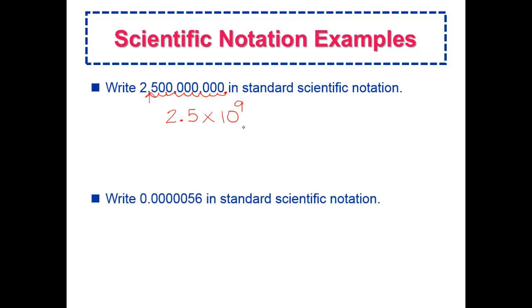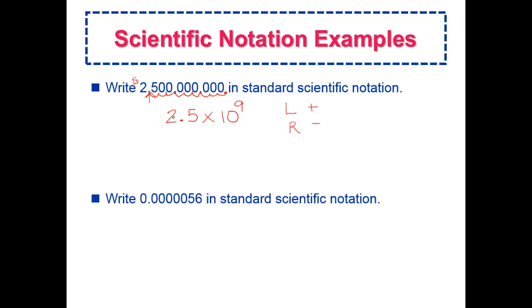Now, on the previous slide, I said that if I moved it to the left, it's going to be positive. If I move it to the right, it's going to be negative. The other thing I think of is in terms of money. Sometimes that helps me. I think, oh my gosh, if I had this in terms of money, that would be lots of money.